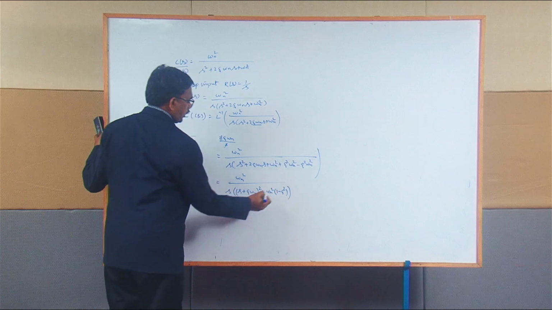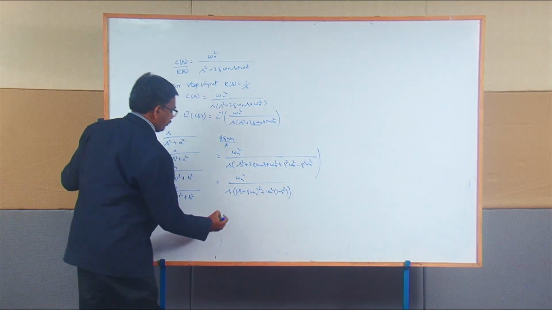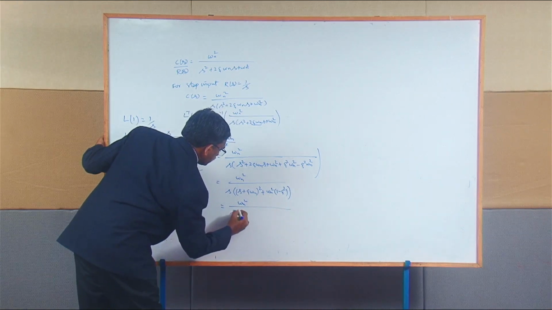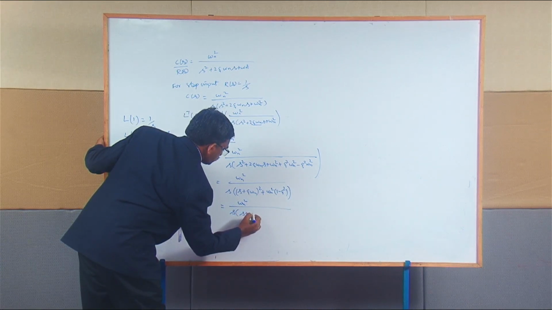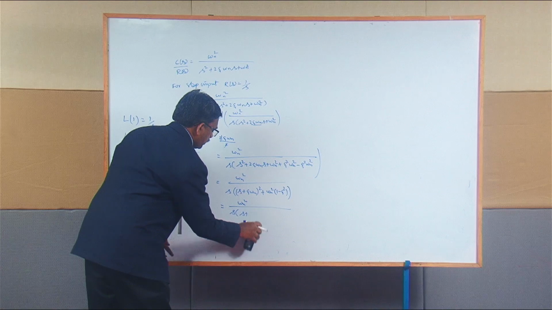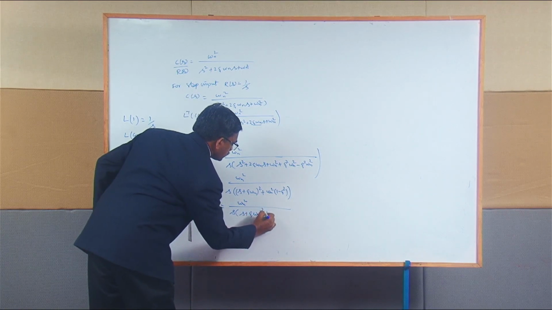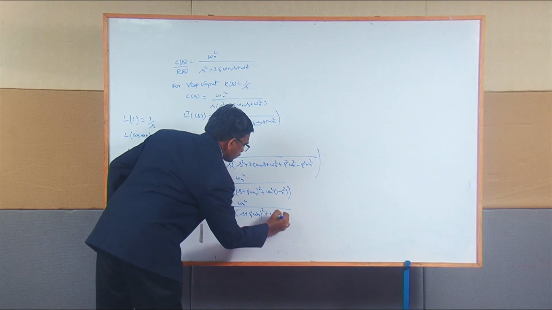This term I can call the damped frequency. So, it is omega n square divided by s into ((s plus zeta omega n) the whole square plus omega d square).